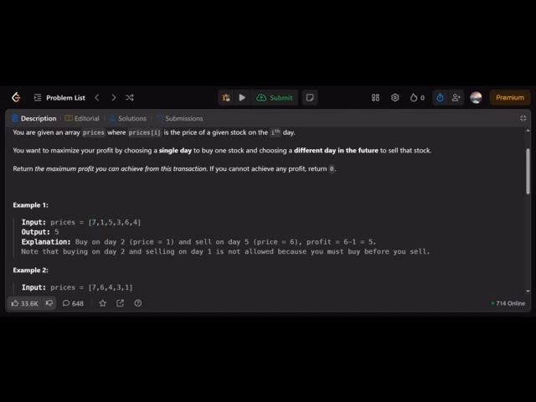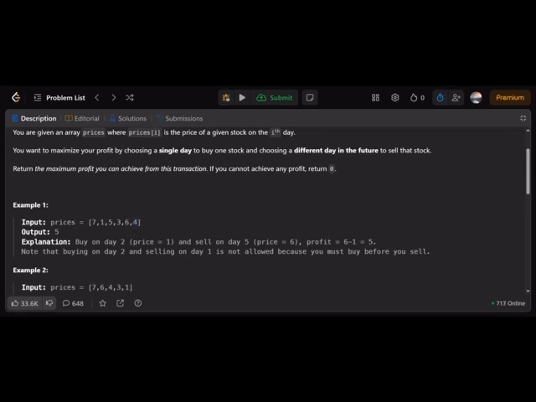I have to sell it either the next day for a price of 1, or at the price of 5, or at 3, or at 6, or at 4.